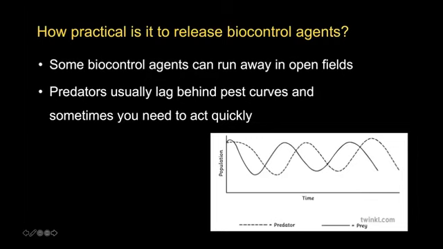But really, how practical is it to release these biological control agents? Well, like I mentioned, some of them are highly mobile. They can fly away, they can run away in the open fields. And also, if you see this graph on the right, what happens is that these predators' generation always lags behind the pest generations, meaning that they take some time to build up and then control the pest.